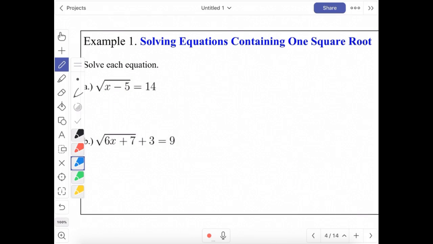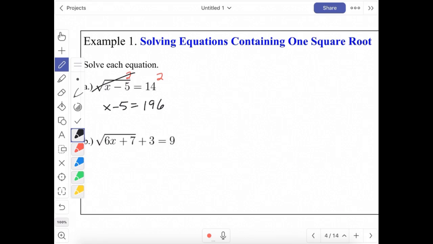So solve each equation. The very first one we got here, square root of x minus 5 is equal to 14. As they said, we will raise both sides because that is already isolated. So we have x minus 5 is equal to 14 squared. 14 squared gives us 196.